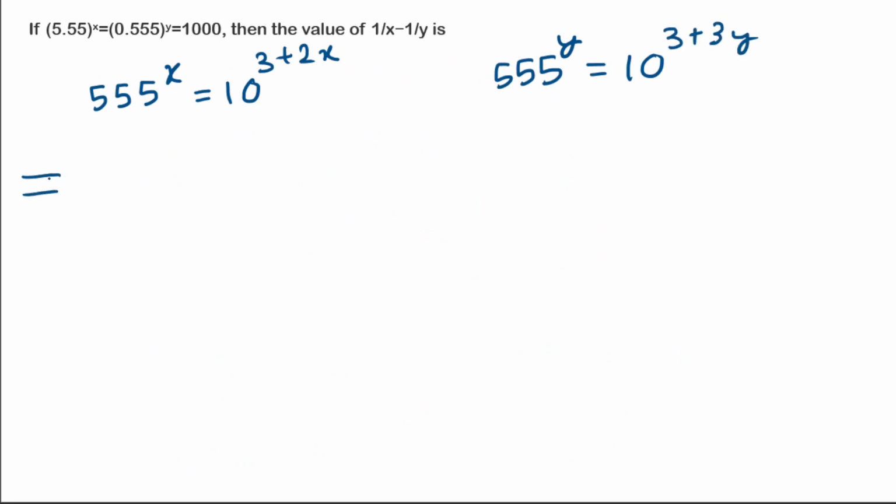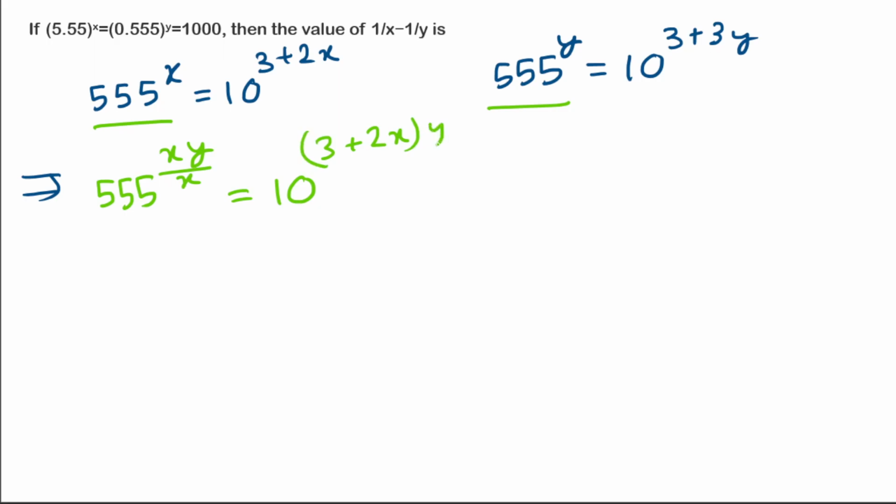Now you can see something from here, that we are on to something, right? So we'll express this in terms of this. How will you do that? So we'll multiply this x with y and divide by x, so we'll have to do the same thing to the power of this. 2x will multiply by y and divide by x.